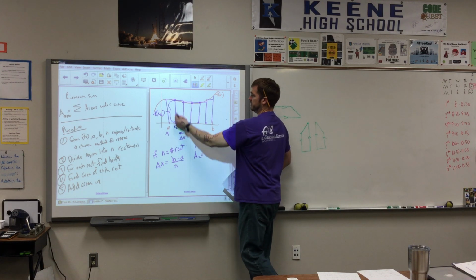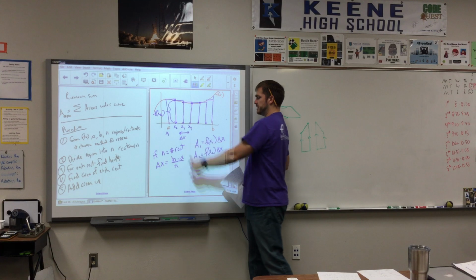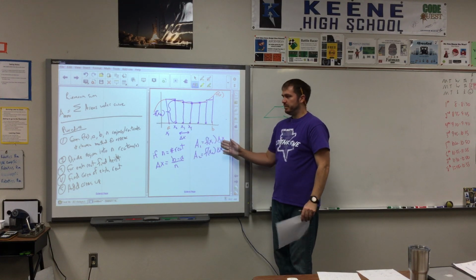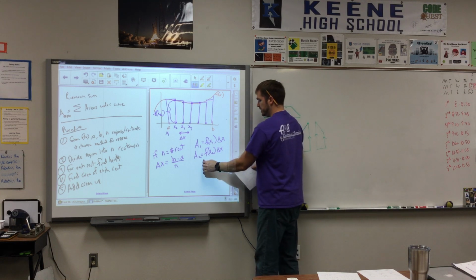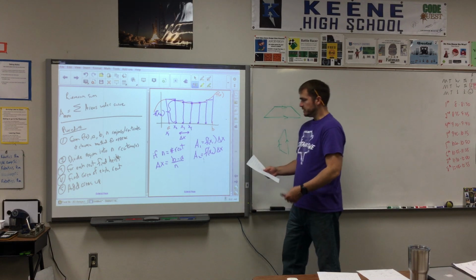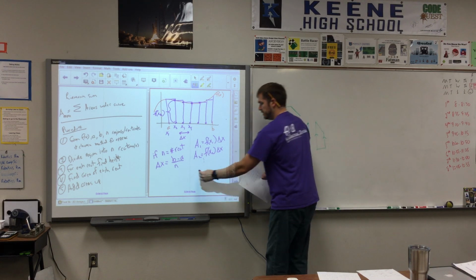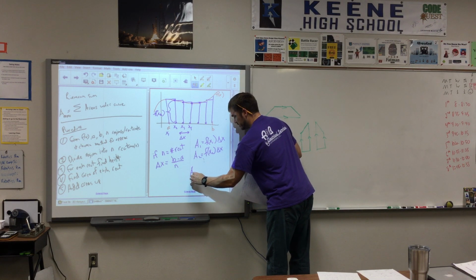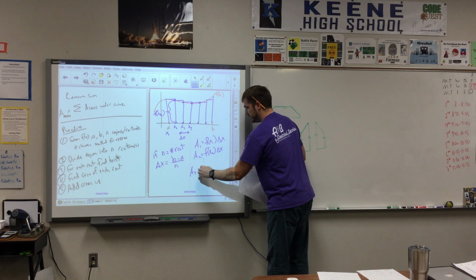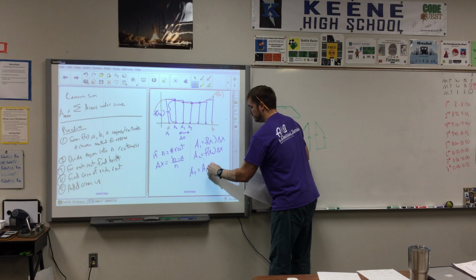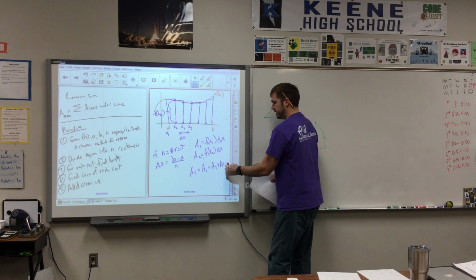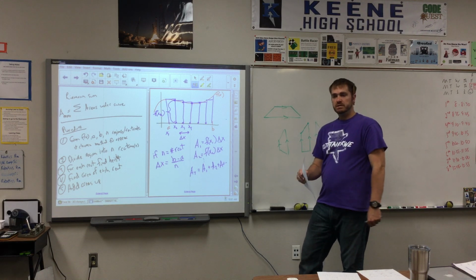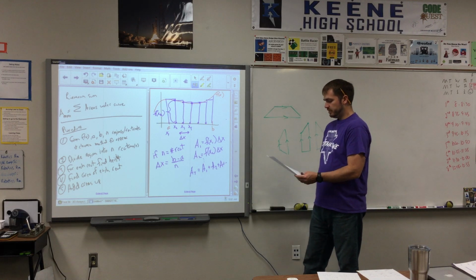Like I said, this would all depend on whether you choose the left endpoint or the right endpoint, all that stuff. But you get the idea. And so then you would add all those up. So the total area, we'll say A sub t, would be A1 plus A2 plus A3 all the way up to A sub n at the very end.